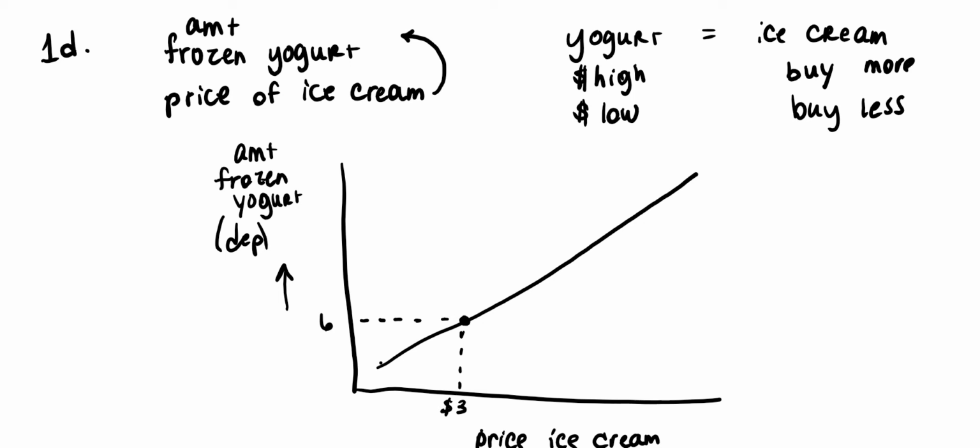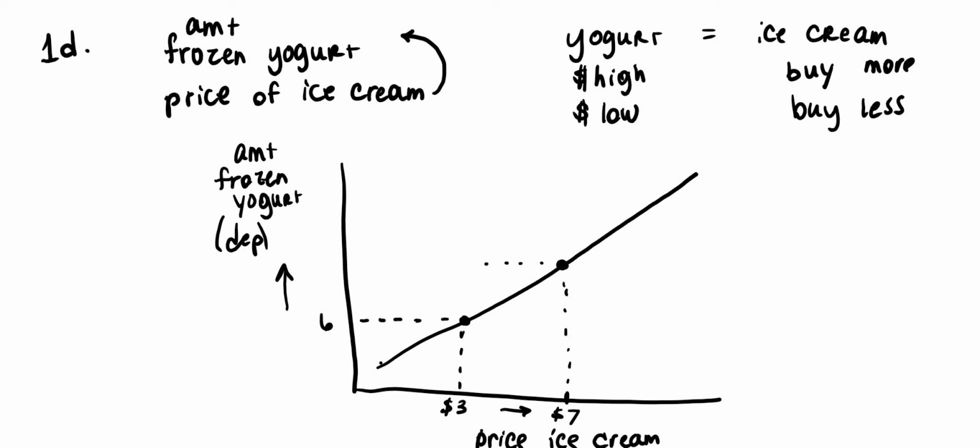Then let's say that the price of ice cream moves up. So it moves up, let's say all of a sudden, I don't know, for whatever reason, chocolate chips get more expensive for some reason. The price of ice cream goes up to $7 a pint. Well, where are we in terms of how much yogurt that we're going to buy? So we pick this point here that corresponds with the price of $7 that we've randomly chosen.